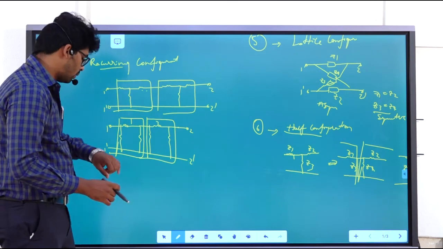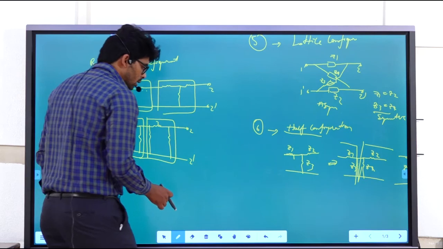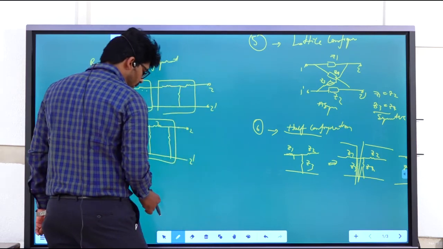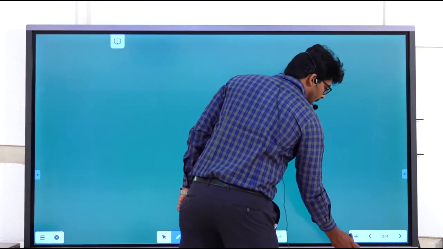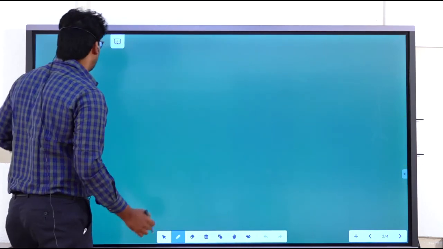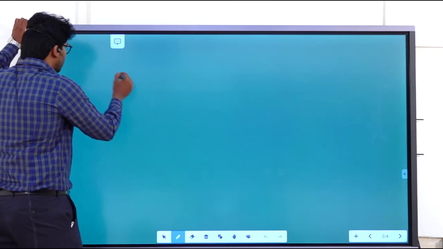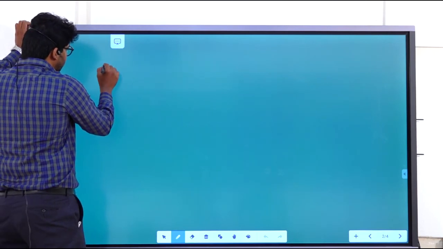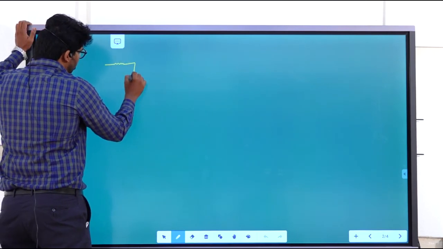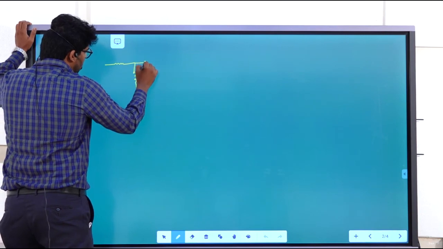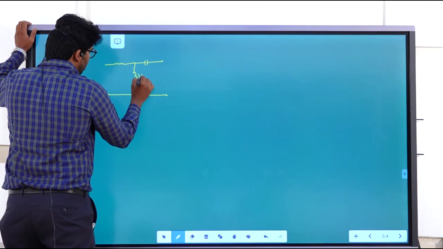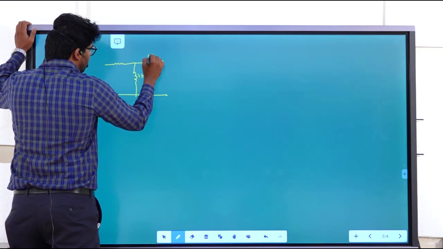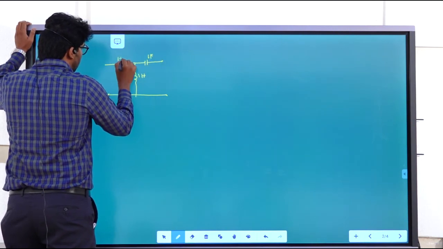Okay, now we'll solve one problem, which is very much important for you. I ask you to find, for example, this is a circuit. This is the 1 Henry, and this is 1 Farad, and this is a 1 ohm resistor.